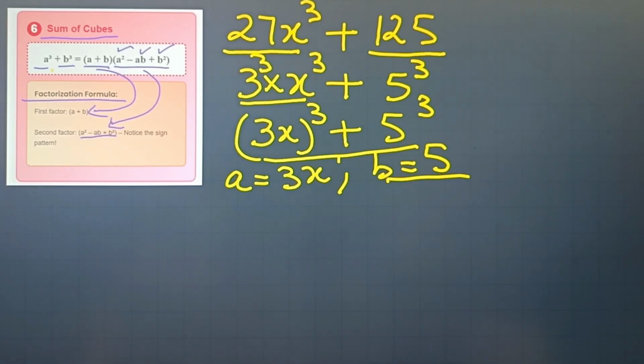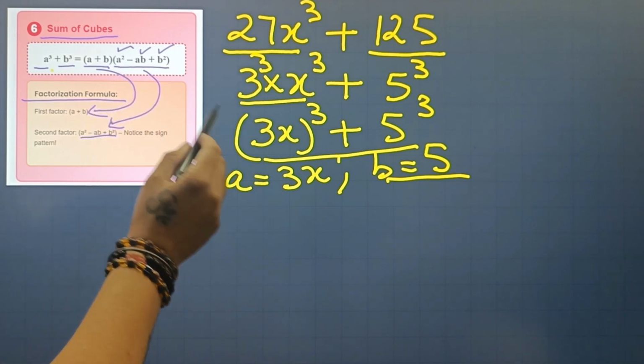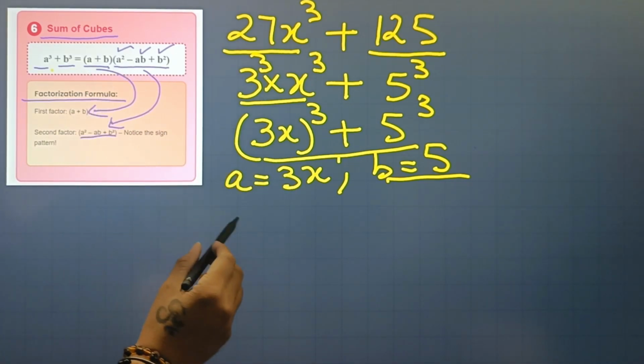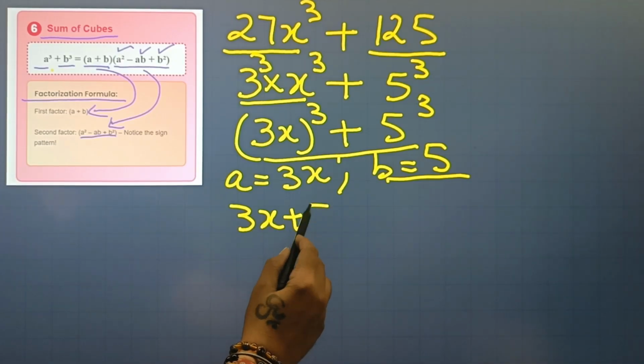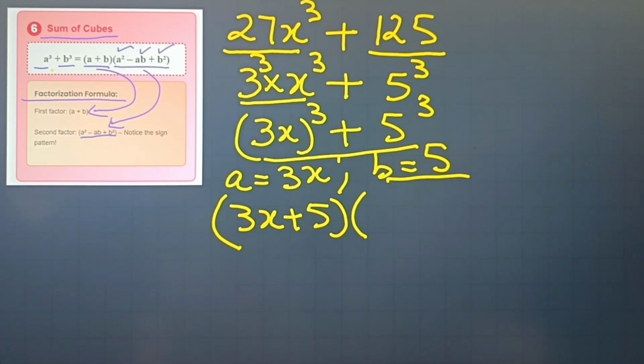Now we can simply apply our identity here. So here we have a plus b, that is 3x plus 5. Now use the bracket.